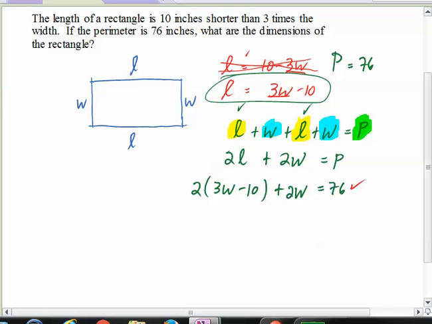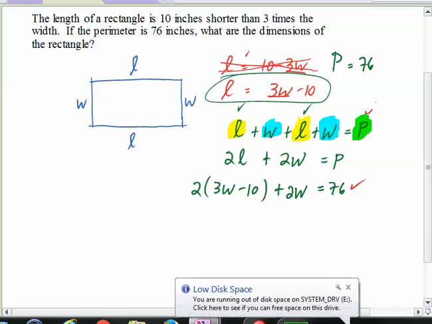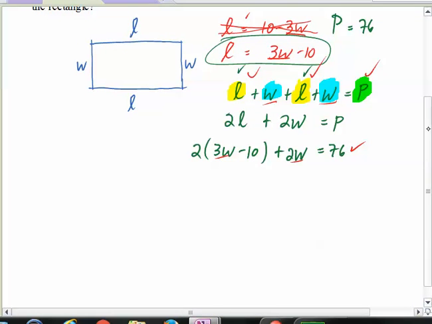And I'm substituting 3W minus 10 for the L's. So I get rid of the P, I get rid of the L's, and I'm left with all W's. All I see is W's and numbers. And now, with one variable, I can solve it with one equation. One variable, one equation. 2 variables, I must use 2 equations. 3 variables, 3 equations. In a sense, I've used 2 equations to solve for 2 variables, and we have it down to 1 right now.